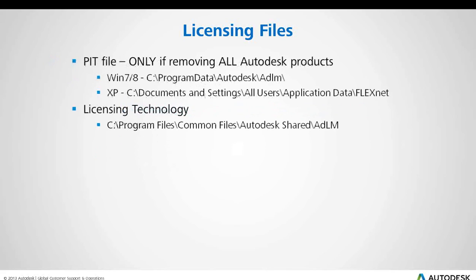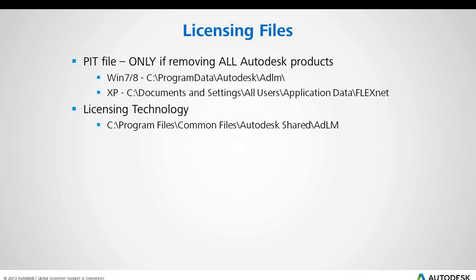And then more licensing files here, the PIT file, the product information table is what that stands for. And you only want to get rid of this if you're removing all Autodesk products on that computer. If you're only getting rid of one, do not touch this because that will break the install for all of your other Autodesk software. And then you'll have to do a clean uninstall of everything and get it reinstalled.